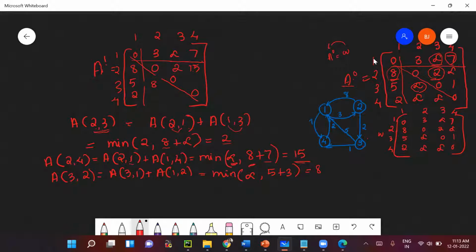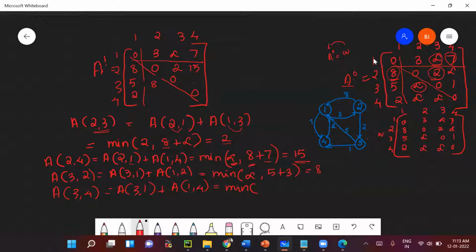Now what is this cell? 3, 4, right? So we are going to calculate A of 3, 4. It is nothing but A of 3 comma 1 plus A of 1 comma 4. Here you see I am splitting only with the 1. So 3, 4 will be split as 3, 1 and 1, 4. So this is nothing but the minimum of 3, 4.